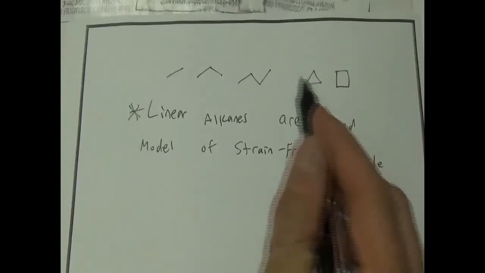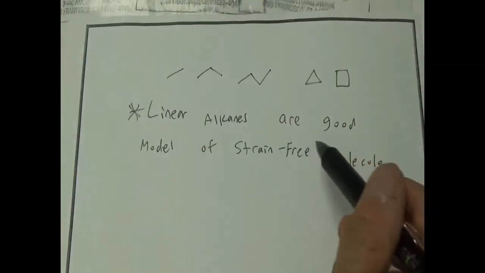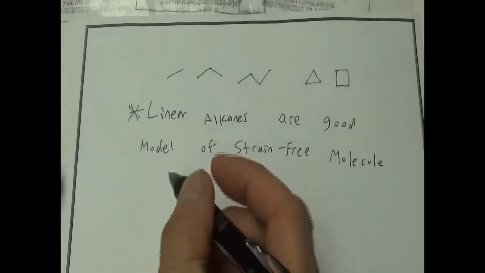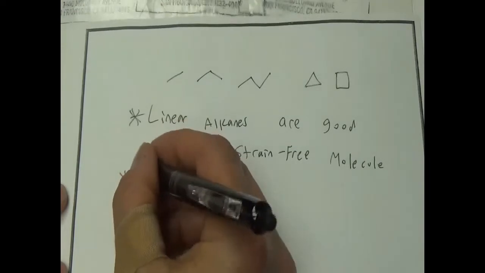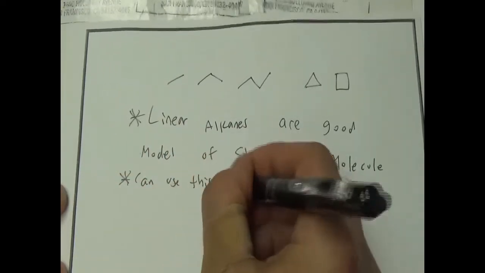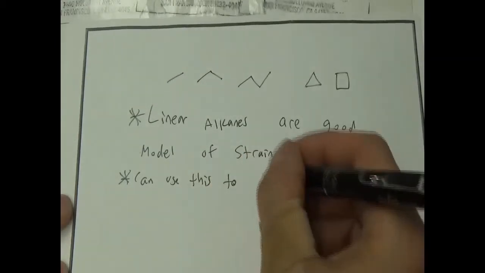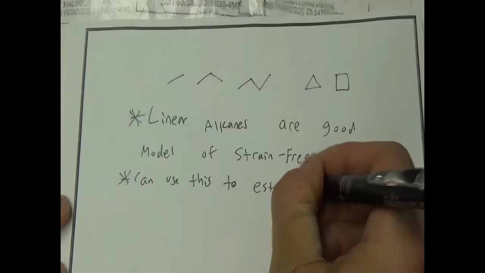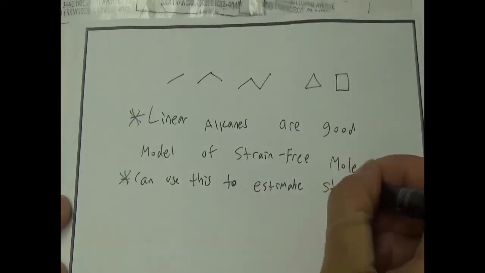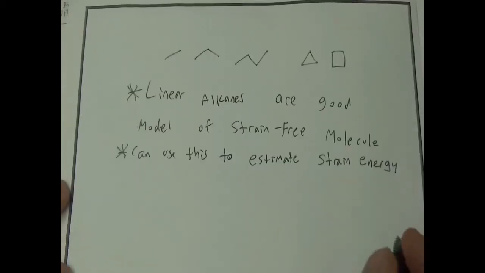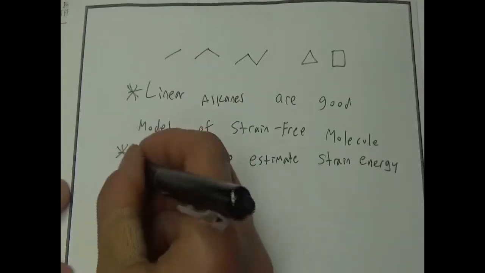Those are strained, these are not strained. So linear alkanes are a good model of a strain-free molecule, okay? And we can use this to estimate the strain energy in cycloalkanes.